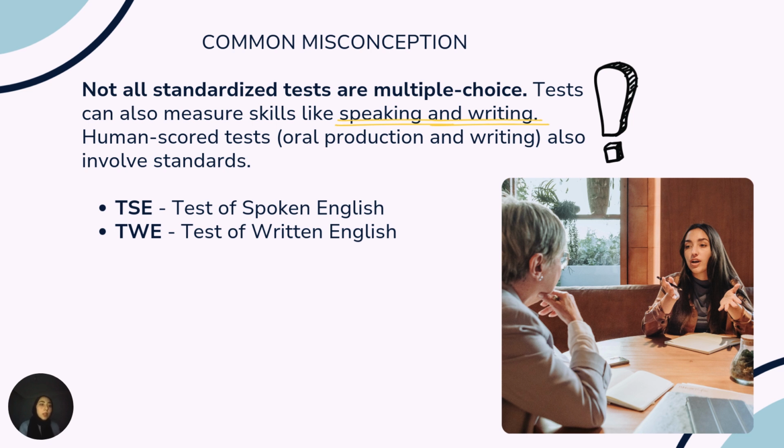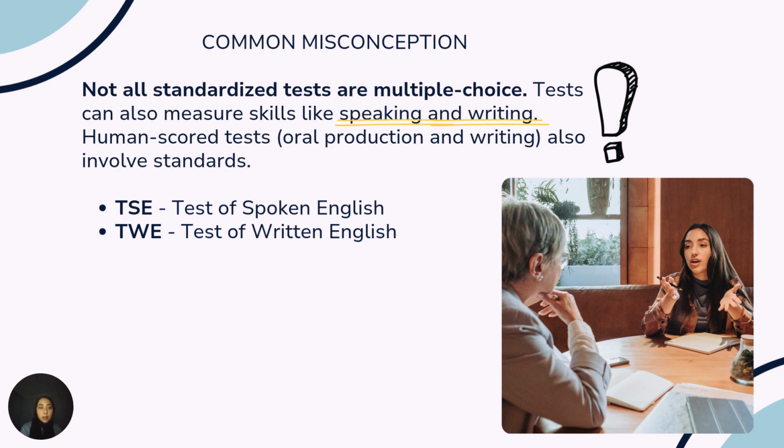Okay, now let's look at common misconceptions. Not all standardized tests are multiple choice. Tests can also measure skills like speaking and writing. So human-scored tests also involve standards. There are some examples like the Test of Spoken English and the Test of Written English.